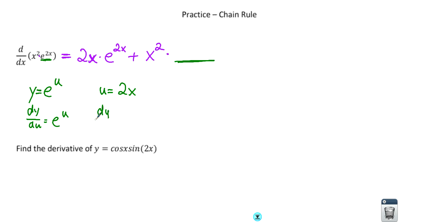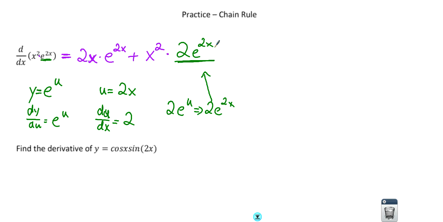And then du over dx is 2. Then we multiply, so we get 2e to the u, which is 2e to the 2x. And that's what we put here to finish up our product rule. And that's the derivative.